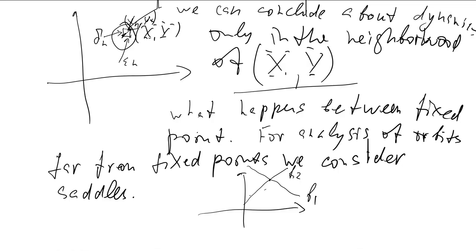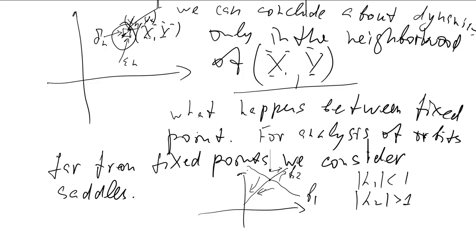And if we start somewhere here, since one of the eigenvalues is more than one by absolute value and another is less than one, we will have this kind of motion. So, for example, towards B1. So this means that lambda 1 by absolute value is less than 1, lambda 2 by absolute value is more than 1. Then there will be this kind of pattern.